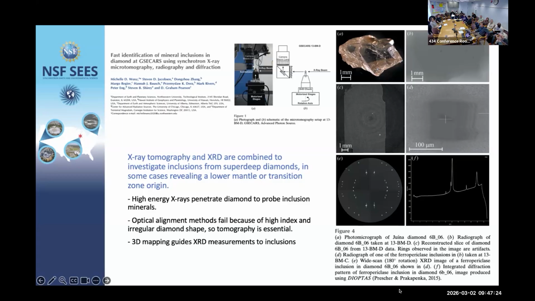It just doesn't really do it. So they used tomographic imaging of the diamond grains to locate where the inclusions are, and then went in with the X-ray beam to get X-ray diffraction on the grains to identify what the minerals are. This is a way of identifying that these diamonds came from great depth, the transition zone. Some are thought to have origins even at the upper part of the lower mantle.